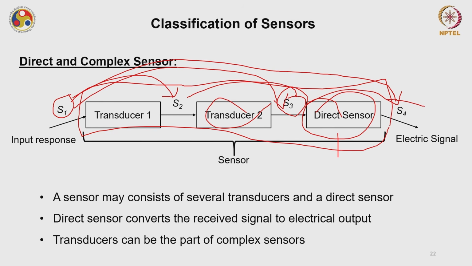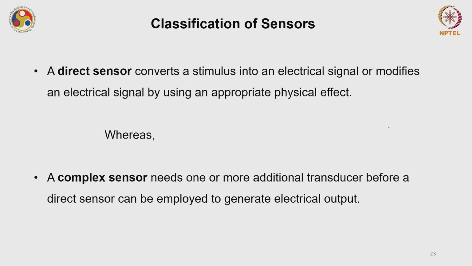A direct sensor converts the received signal to an electrical output. Just now we have seen that. Transducers can be part of a complex sensor. So you have just seen that transducer 1, transducer 2 and a direct sensor make a complex sensor. I hope it is clear.